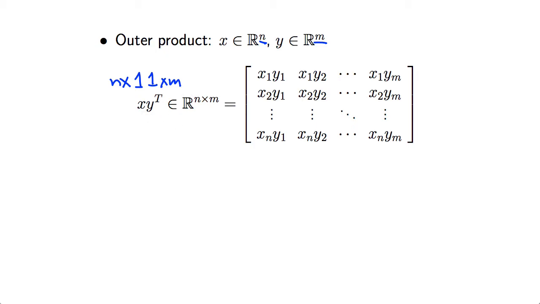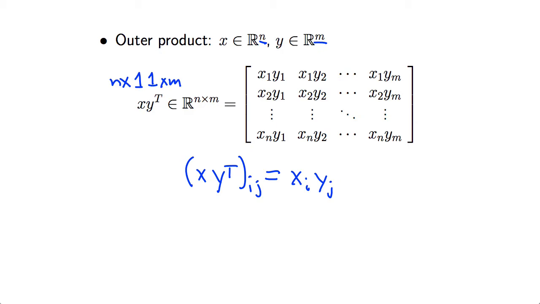And each element of this matrix is just a product of two elements in these vectors. And in particular, the ij element of x y transpose is just going to be the ith element of x times the jth element of y.